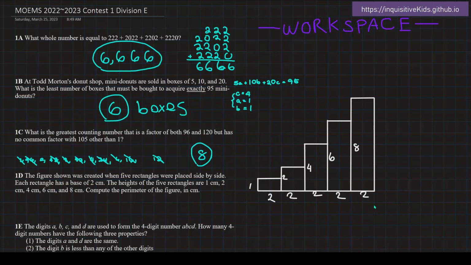Now it's saying to compute the perimeter of the entire figure, which means that we don't need to count these spaces in the middle right here. We need to count these parts, but not this part. So that might be one of the confusing parts, is you don't know whether to count all of the lines or just the perimeter. We're just looking for the perimeter.